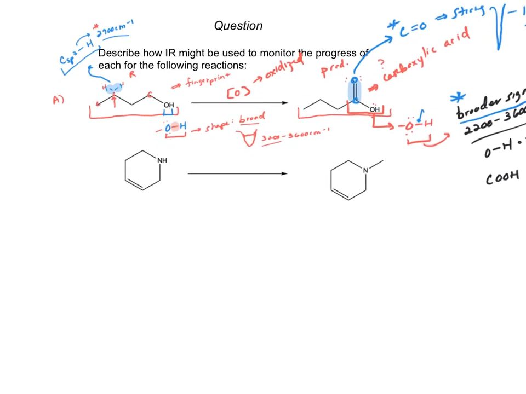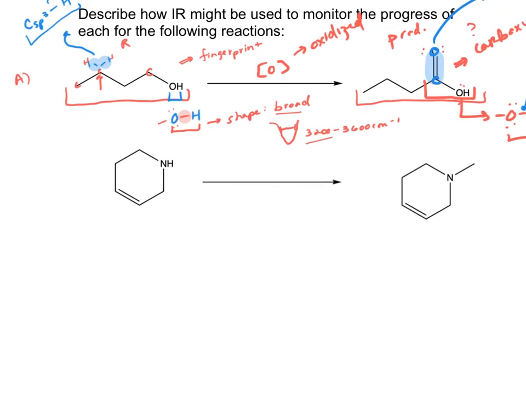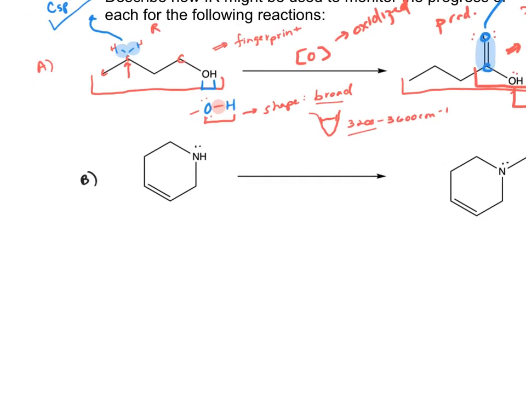Number two, we've got our reactant molecule over here, so we'll call this B, going to our product molecule over here. There are a couple of signals in the diagnostic region that we will find for our reactant. Number one, we do have a carbon-carbon double bond.